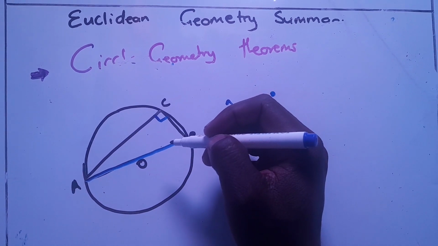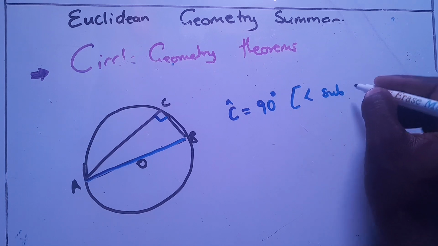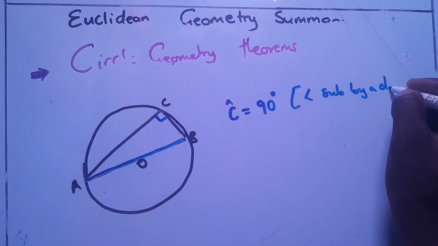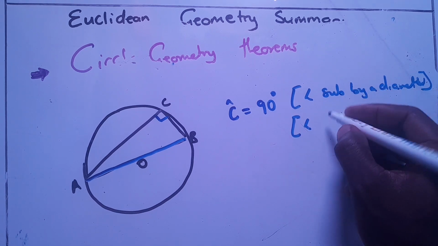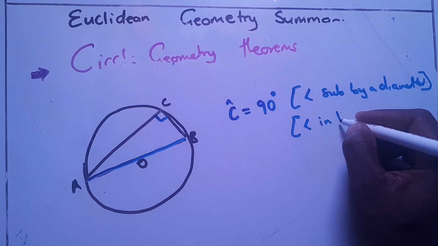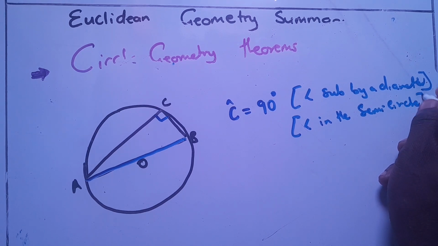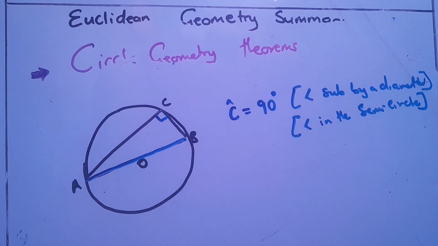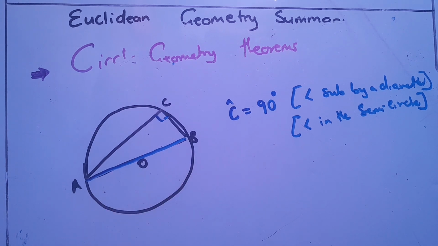So we can just say angle subtended by a diameter, or we can say angle in a semicircle. So this is one and the same thing. But we just have to know that this angle becomes 90 degrees.